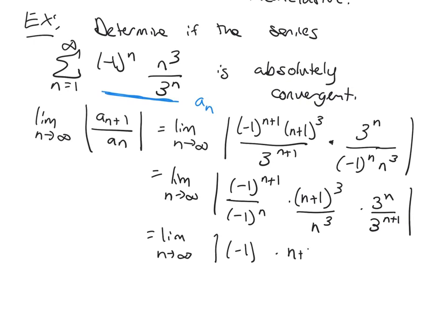And then I'm going to leave this n plus 1 cubed. And you can use the same trick on this last term. My base is 3, n minus n plus 1. You have an extra one in the denominator. You'll end up with the power of negative 1 there.